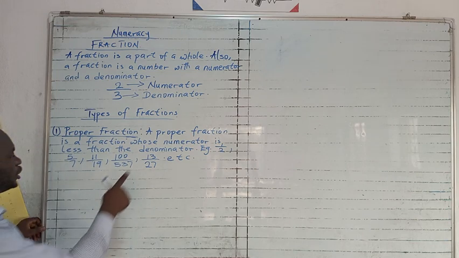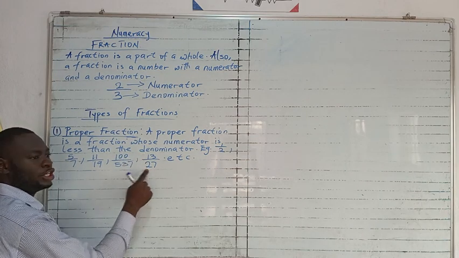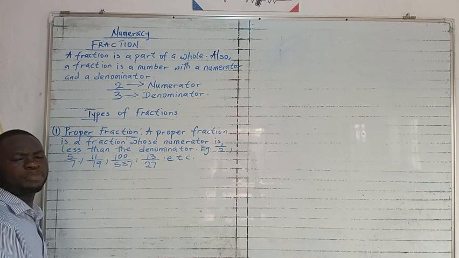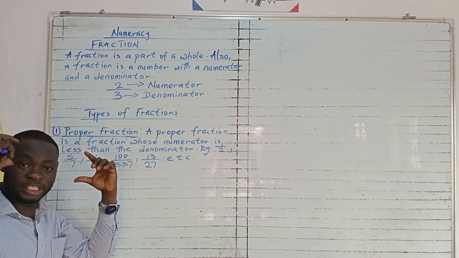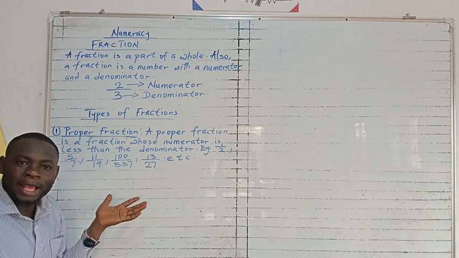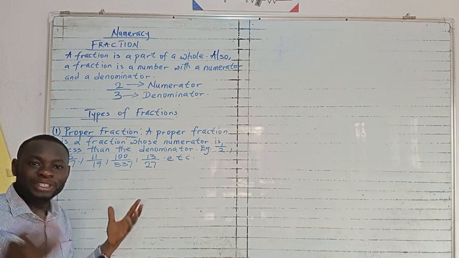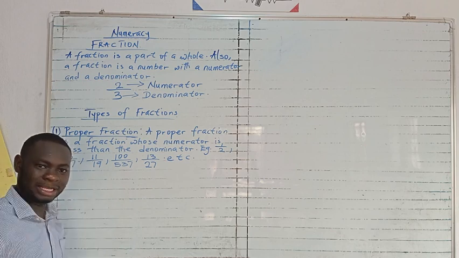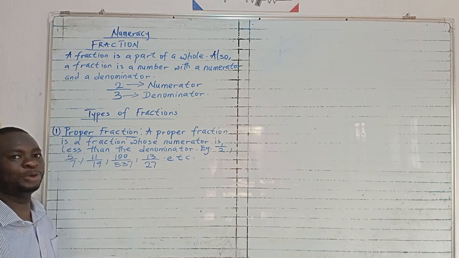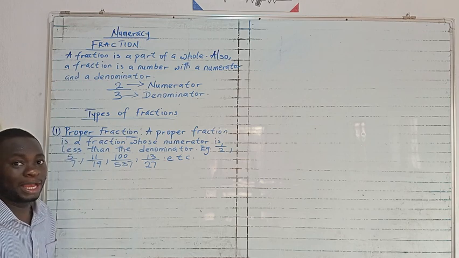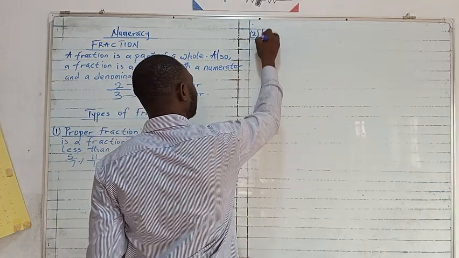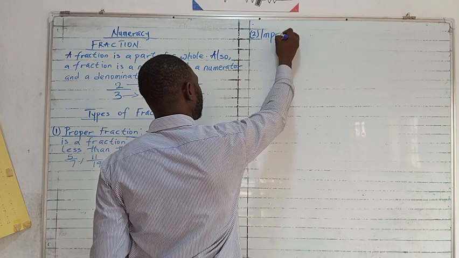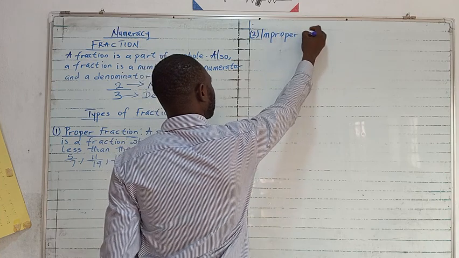Now you can see that the numerators are smaller than the denominators. So we say that they are proper fractions. If your daddy carries you on his head, it is proper because he is bigger than you. The small girl is up while the big daddy is down. Now what if you carry your daddy? Will you say it's proper? No, and that leads us to the second type of fraction called the improper fraction.